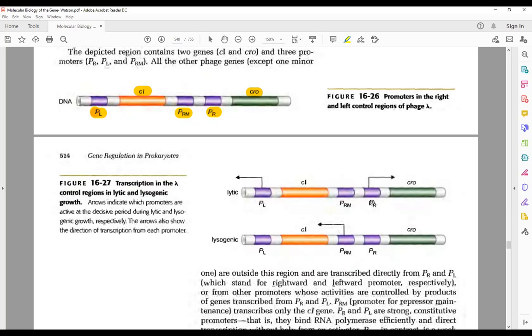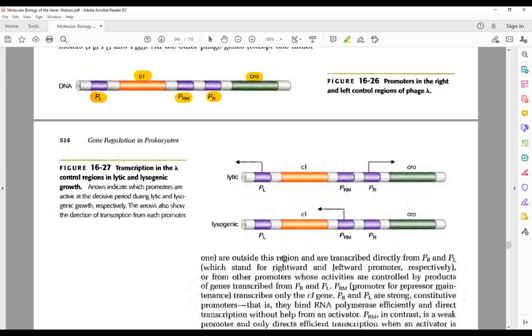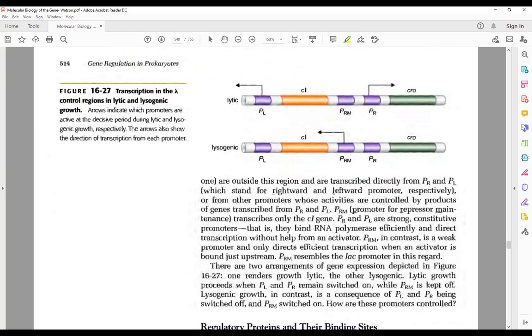See, PR works away from the CI gene, which is the most important gene, and leads to the formation of the lambda repressor. Once the lambda repressor is produced, it will catalyze the lysogenic cycle.